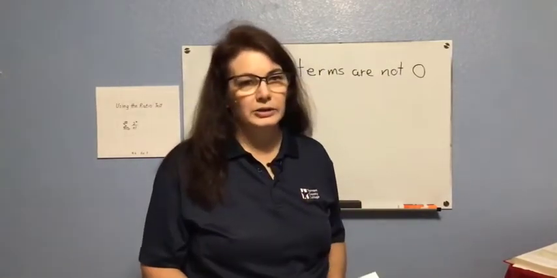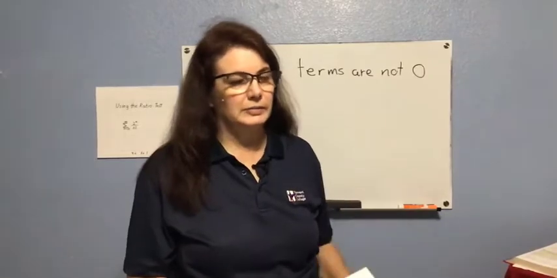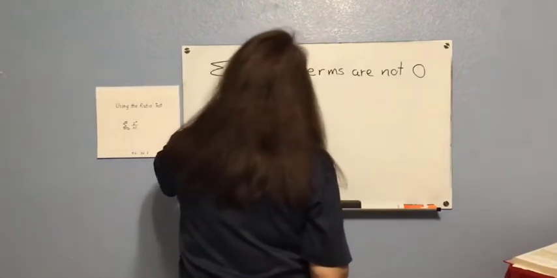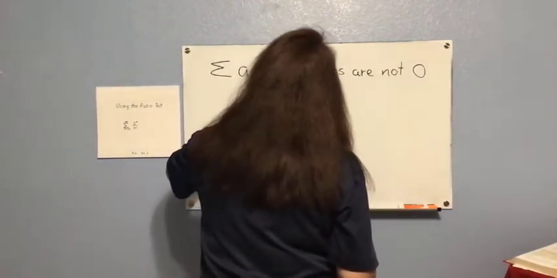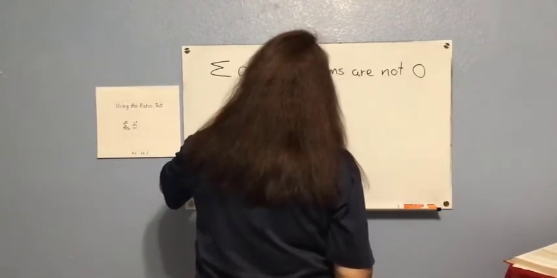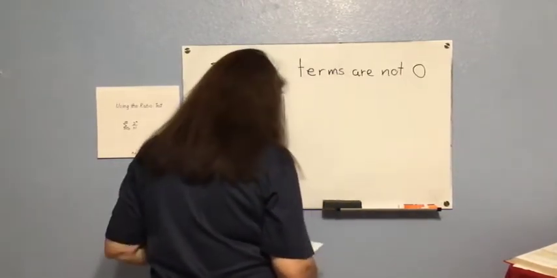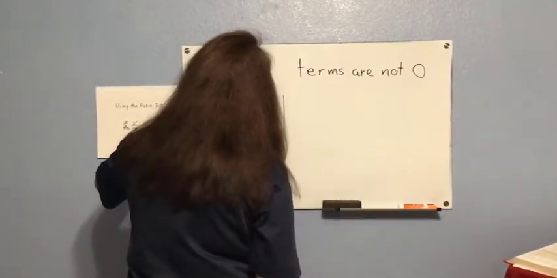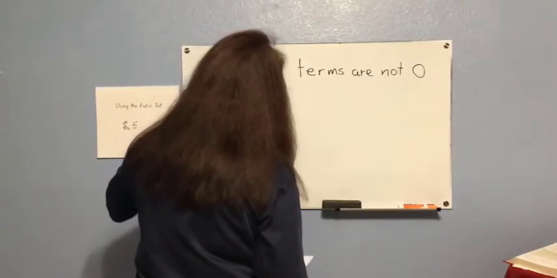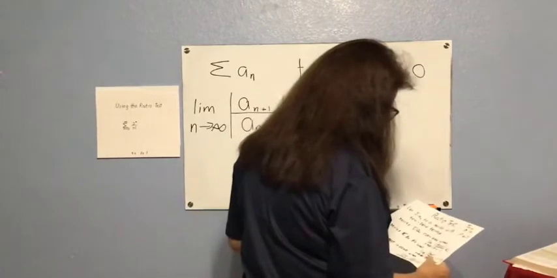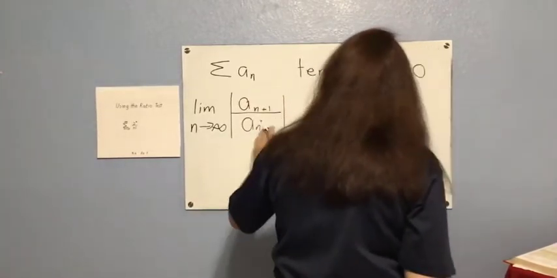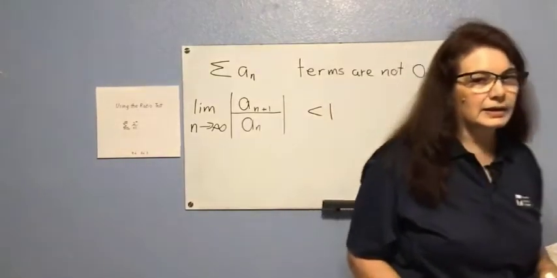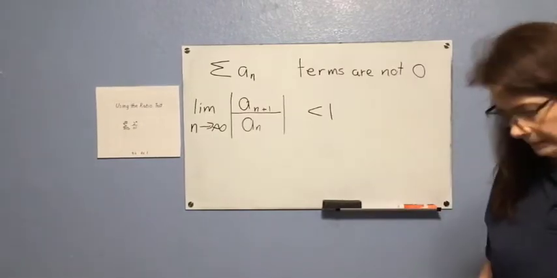And we're going to construct a ratio between a term and the term that comes after it. So in this series, if I have a sub n plus 1 divided by a sub n, and I take the absolute value of that, and then I take the limit as n goes to infinity of that absolute value. If this is less than 1, then the series converges absolutely.